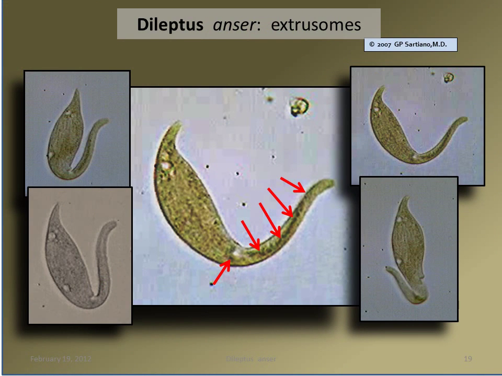Additional features not previously noted include a remarkable strip of extrasomes running almost the entire length of the proboscis within the ventral surface.